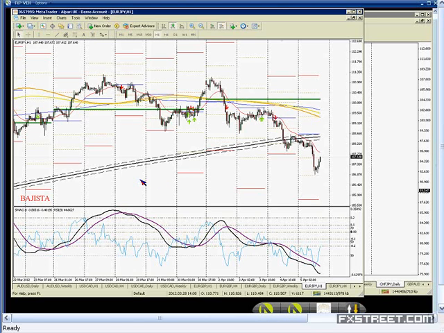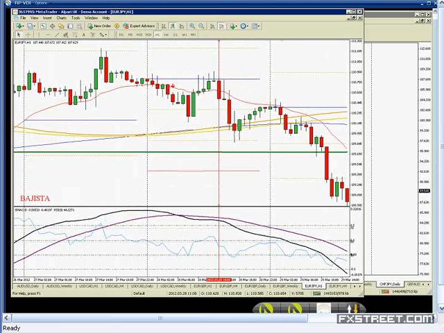It corresponds to this. Let me perhaps make it a bit bigger. Okay, it corresponds to this candle here.